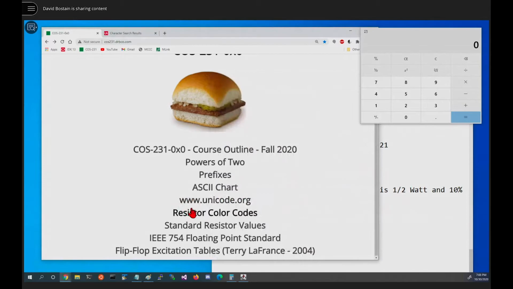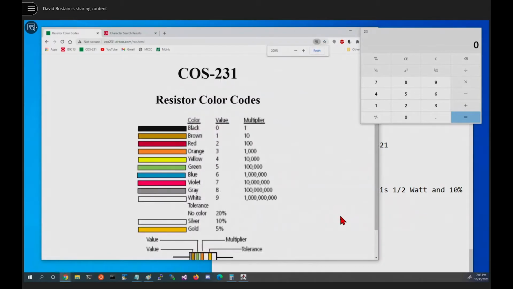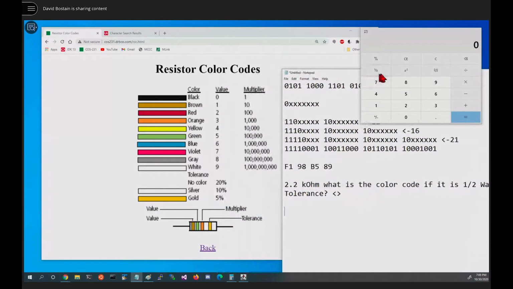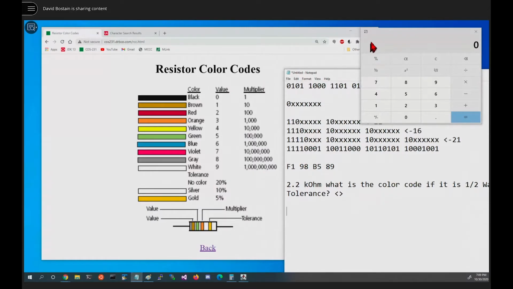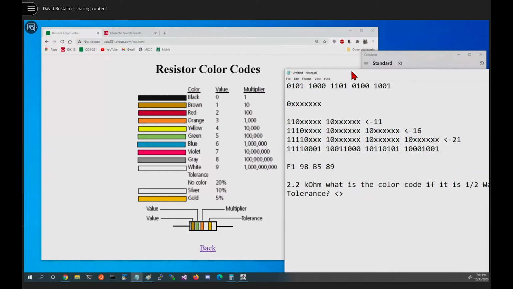So how would we find out what the color code is? We got something on this page that helps, which is this, of course. So how would we encode a 2.2 k ohm, 1/2 watt, 10% resistor? Somebody take a shot at it.